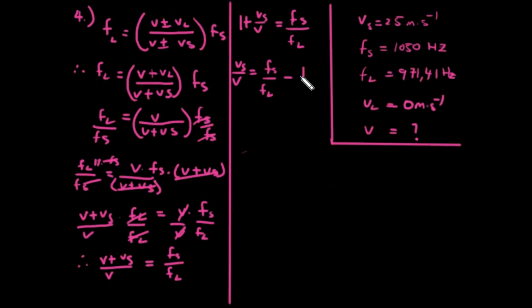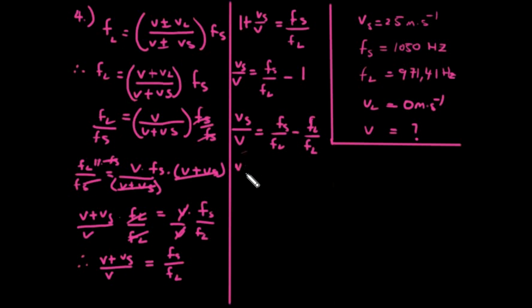This 1 can be seen as f of l over f of l. So therefore, my equation now reads vs over v equals f of s over f of l minus f of l over f of l, because of that 1 there. All right, f of l over f of l is 1.